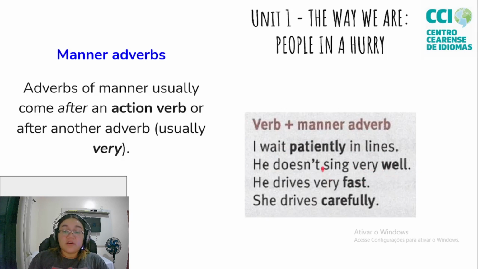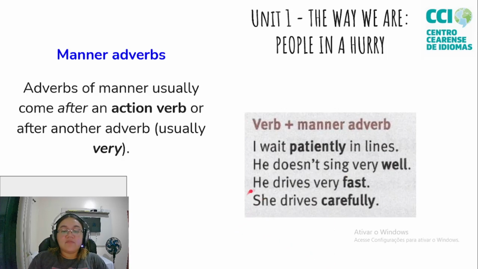The action verb is sing, and we have the adverb very before the manner adverb. The third example: he drives very fast. So the action verb, another adverb, and the manner adverb. The way that he is driving is fast.